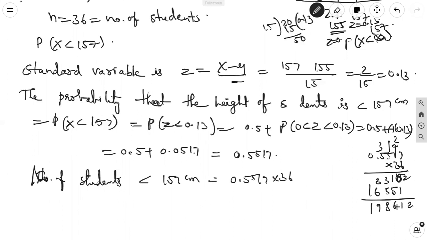So 4 decimal places is equal to 19.8612. It's less than 20.